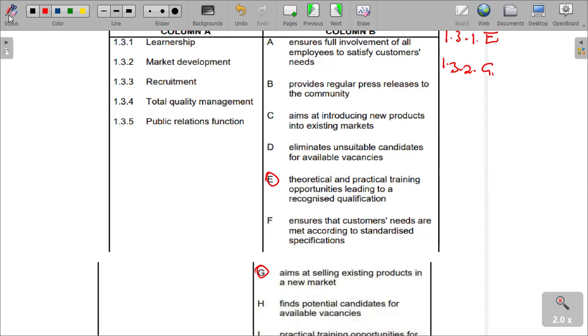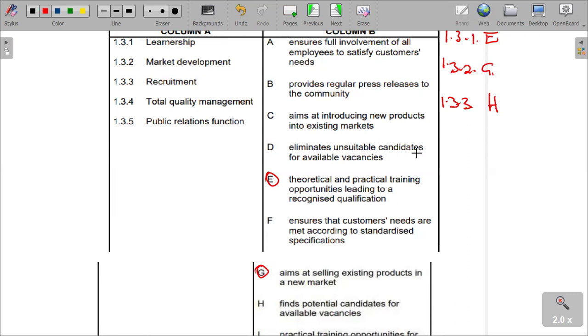So 1.3.3, recruitment, it should be something that has to do with finding potential candidates for available vacancies, which is H. It is H, finding potential candidates for available vacancies.